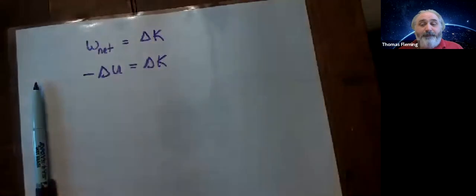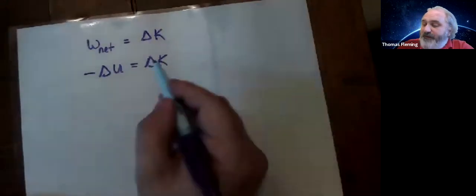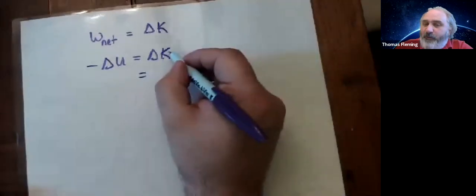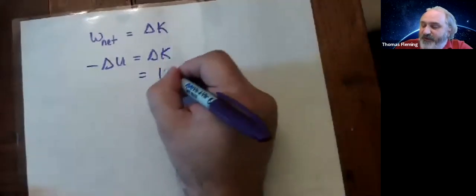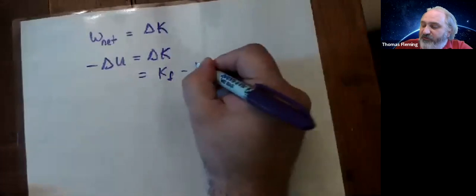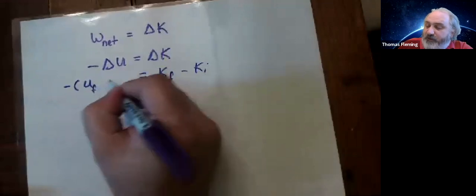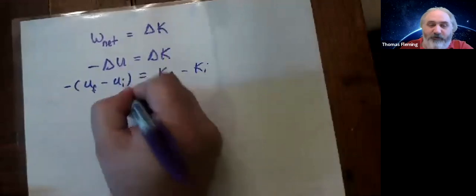That's what that's saying. And now if I just rearrange that, remember, delta means final minus initial. So this is final kinetic energy minus initial kinetic energy. And over here I have negative, this is final potential energy minus starting potential energy.